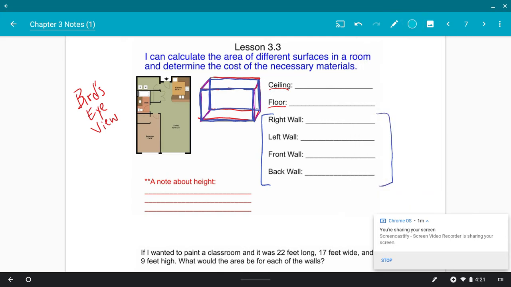So there's a note about the height that I want to make. So when you get the height for a room, the height will be included in all the walls. It is never included in the ceiling or floor.